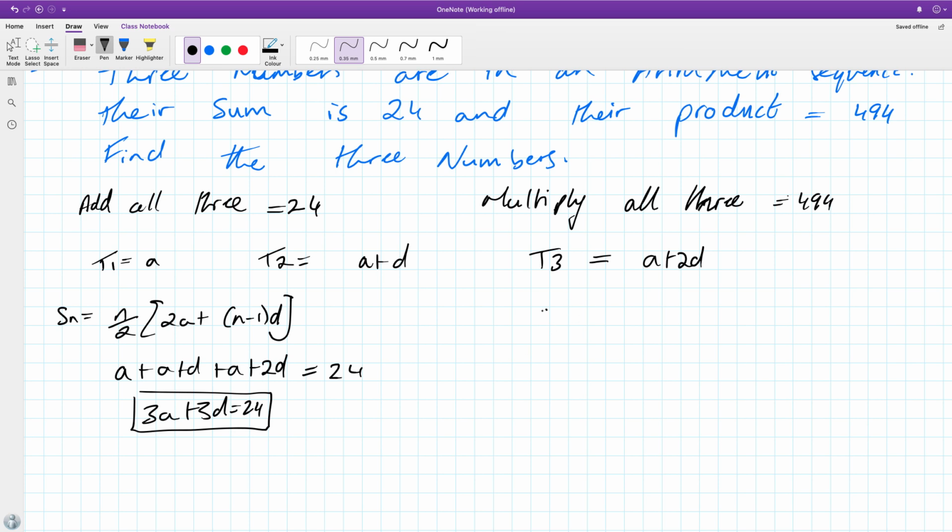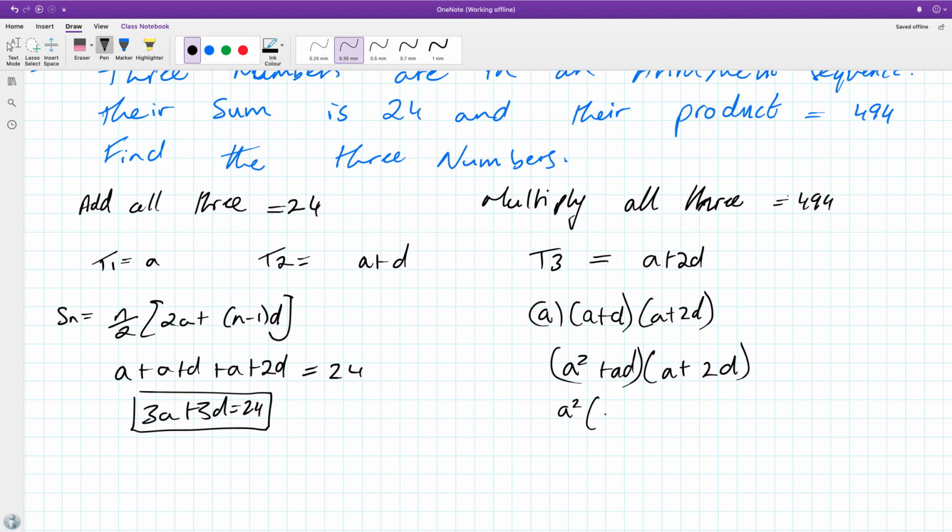Multiply all three is A by A plus D by A plus 2D. A by A squared, A by D is AD, by A plus 2D. Bracket, what to do? First by the second and then second by the second, that's A squared by A plus 2D, and then AD by A plus 2D, and I should get 494.